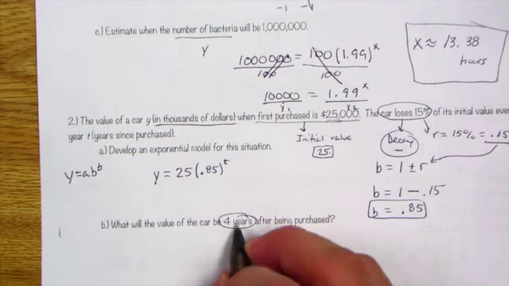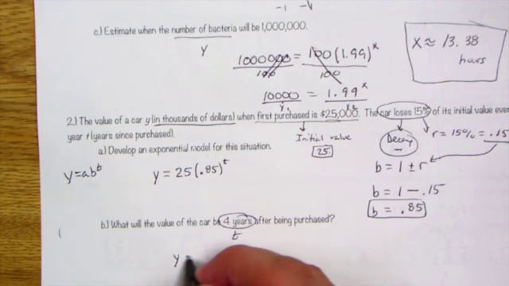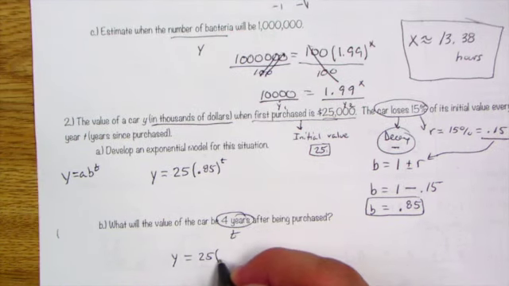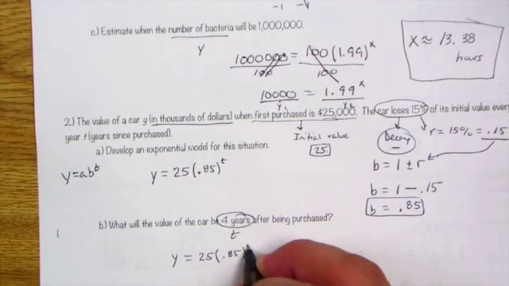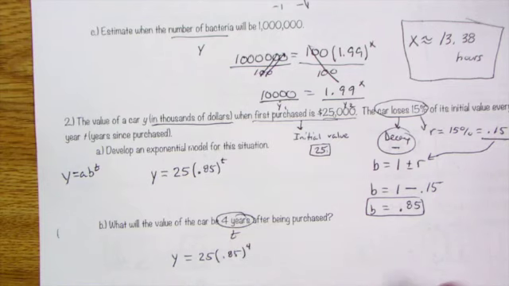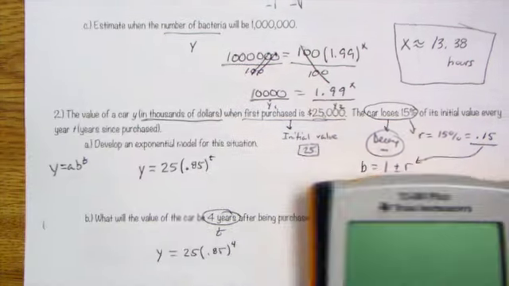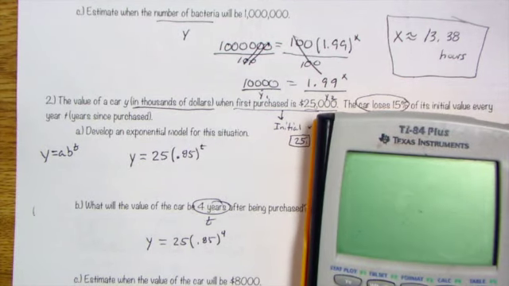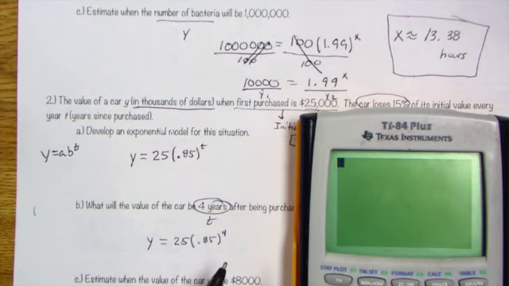Well, 4 years is t, so y equals 25 times 0.85 to the 4th power. And that's just simple, putting it in your calculator. Just be careful to do your exponent first. We have to still be conscious of our order of operations.